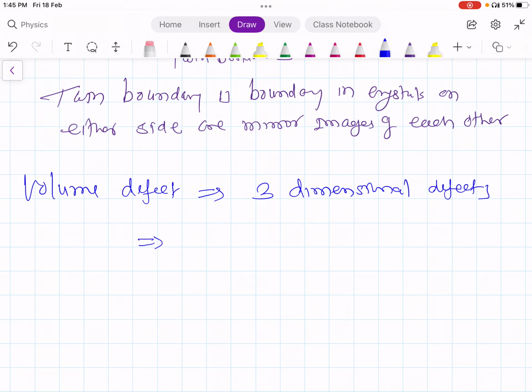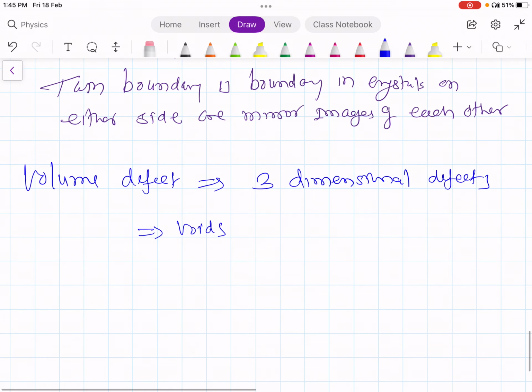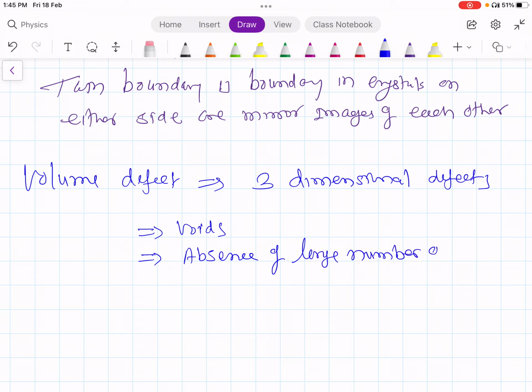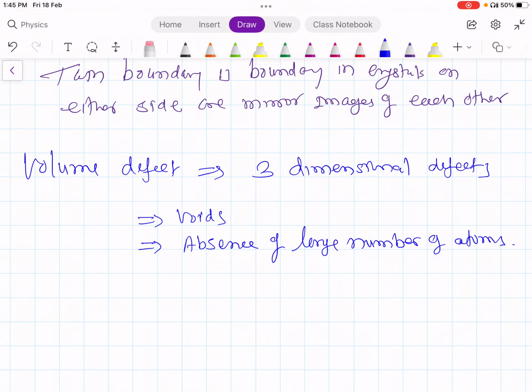And volume defects are nothing but big voids. Big voids are produced because there are a large number of atoms missing, or you can say it is the absence of a large number of atoms. Now, in what way are these large numbers of atoms missing? There are different conditions in which this happens.